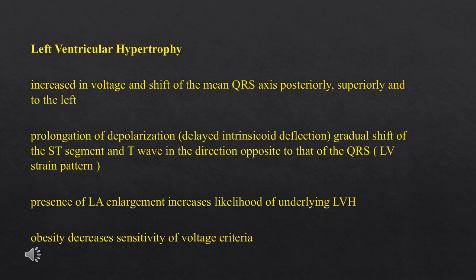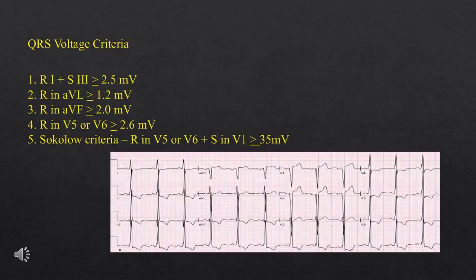Presence of LA enlargement increases the likelihood of underlying left ventricular hypertrophy, and obesity decreases sensitivity of the voltage criteria. These are the voltage criteria for the diagnosis of LVH via ECG, and the Sokolow criteria is the one that is frequently used.